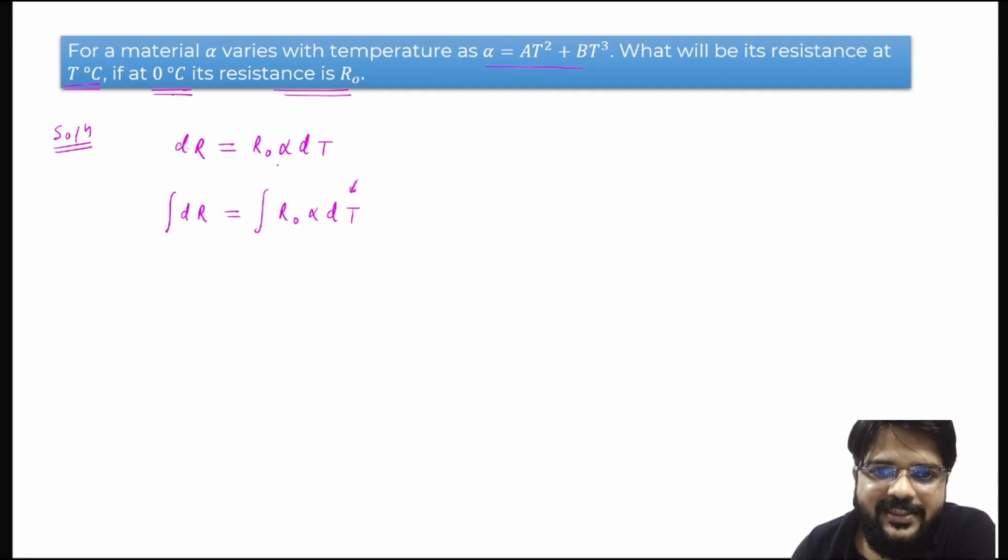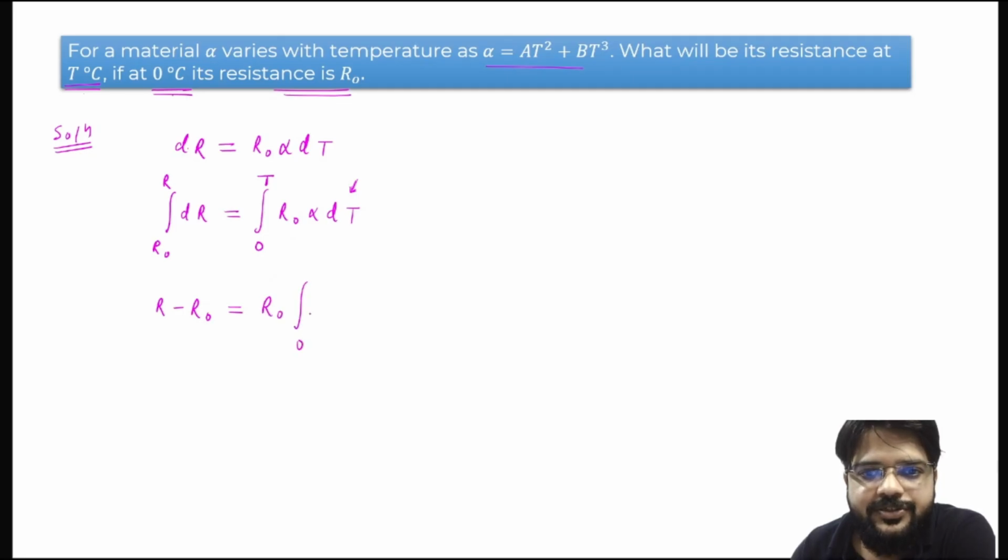So at 0 degrees Celsius, the resistance is what? It is R naught. And at T degrees Celsius, the resistance is, let's suppose, R. Alright. Now the integration of dR is R, put upper limit minus lower limit. So R minus R naught equal to, here R naught is constant, put outside the integration, 0 to T.